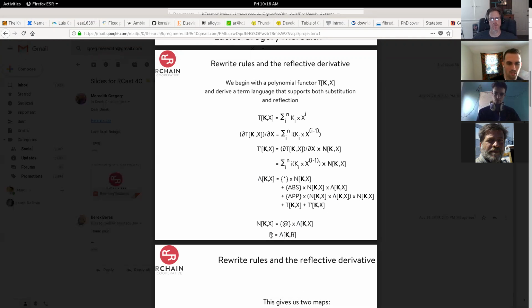And then he's taking this reflective closure, which is basically the thing that satisfies this very last equation here, R equals lambda KR. And basically that's saying take the set of processes such that all of the names are only quoted processes, or to say, take your set of names to be only the quoted processes essentially.